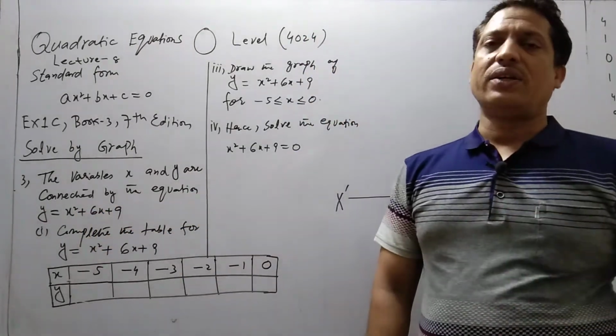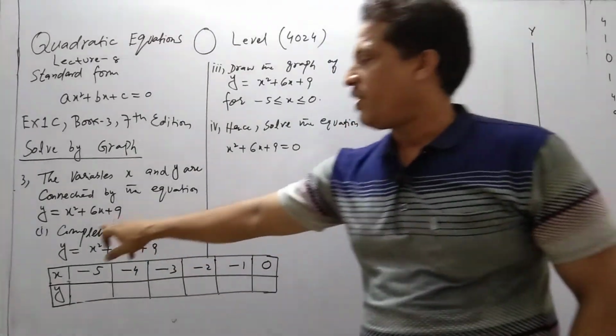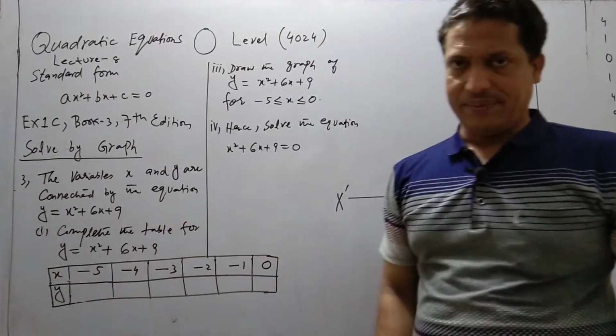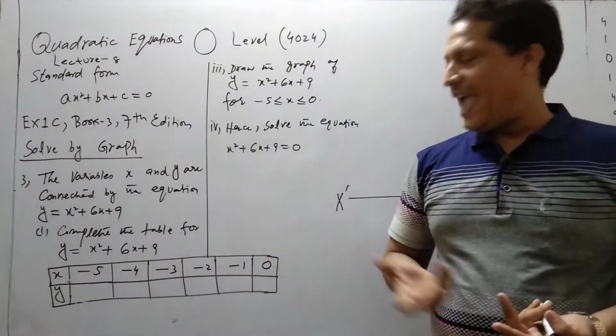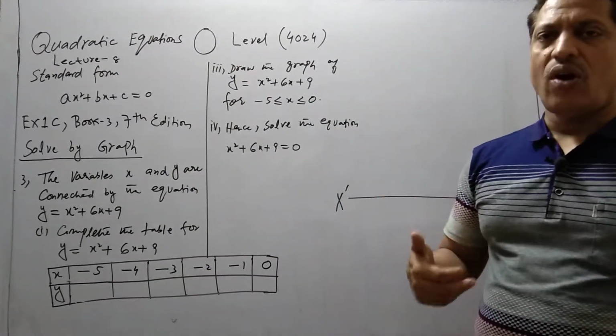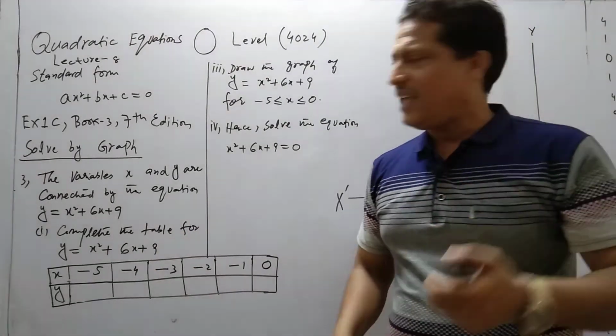The first part of this question is to complete the table for y = x² + 6x + 9. Students, we have been given values of x and we have to find the values of y with the help of this equation. It's very easy.